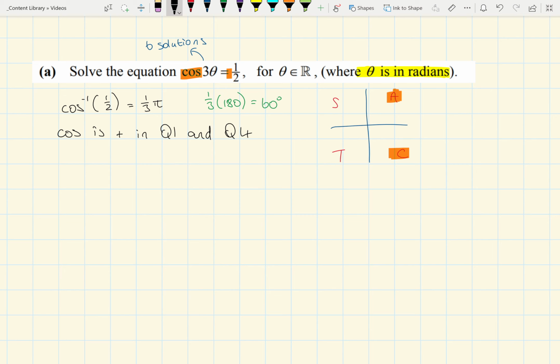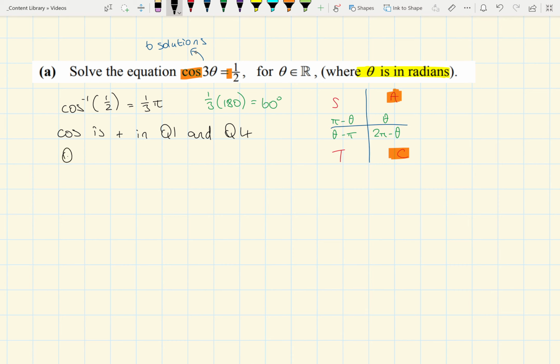Okay, so our next step then is to figure out what we're dealing with in terms of our reference angle and then our original angles. So we have theta minus pi and then 2 pi minus theta.